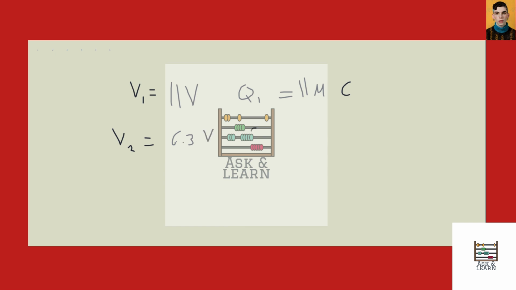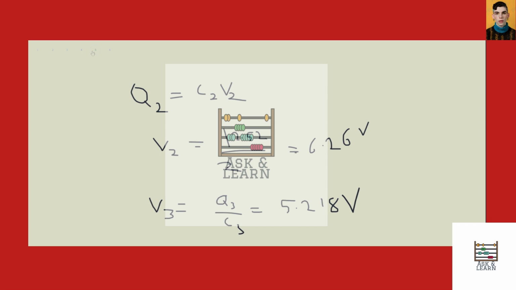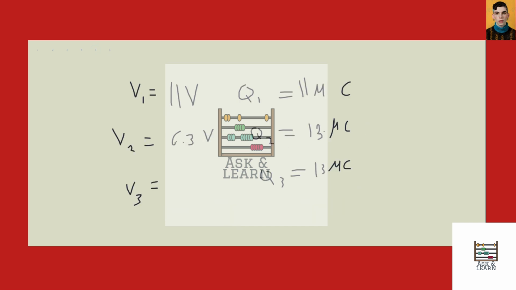So Q2 is equal to 12.5. So we can approximate it by saying it's 13 microcoulomb. Similarly, Q3 is 13 microcoulomb, and V3, as we found before, 5.2 volt. Thank you.